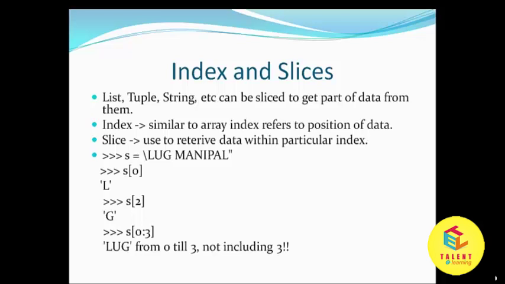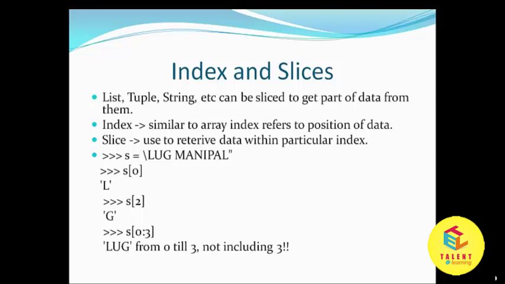We have a small code: s is equal to 'lug manipal'. We print s[0], so our output is l, which is the index 0. Then we print s[2], so our output is g, because lug means its index is 0, 1 and 2, so the g is situated at position number 2.